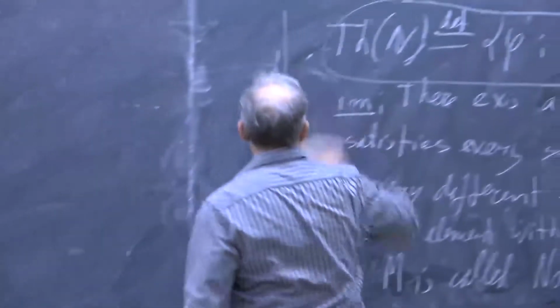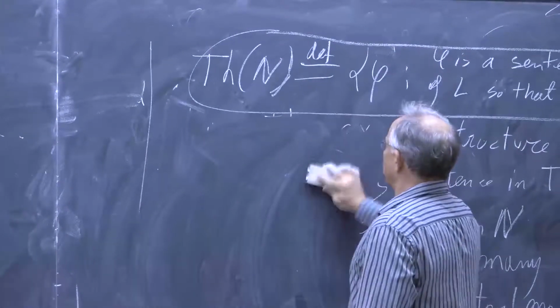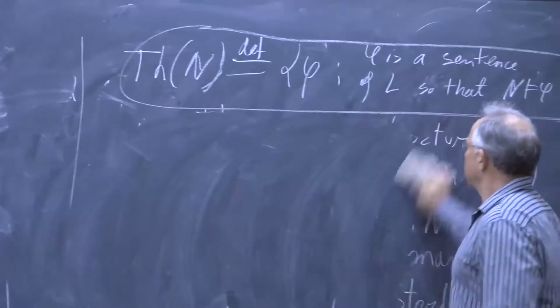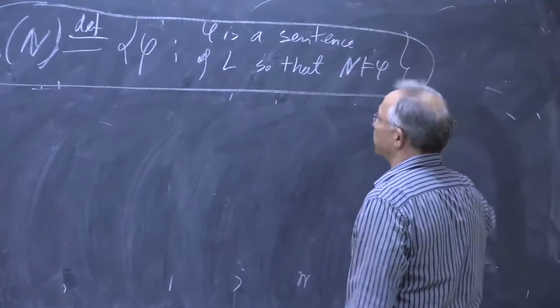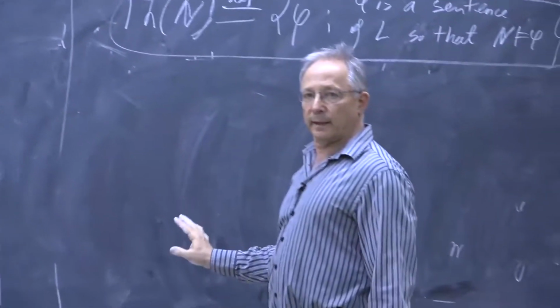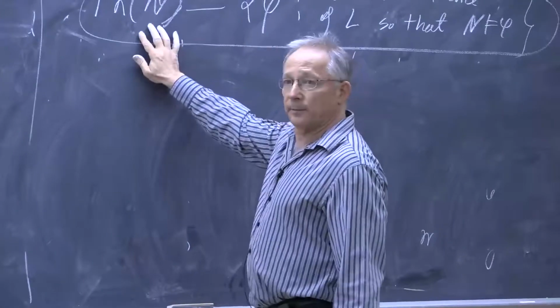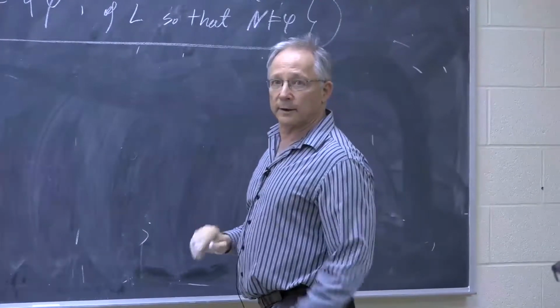The main important notation here, which I introduced only today, is this notion of the theory of a structure. So we fix the language, we fix the structure, and we look at all the sentences that hold in this structure. That's the theory of a structure.